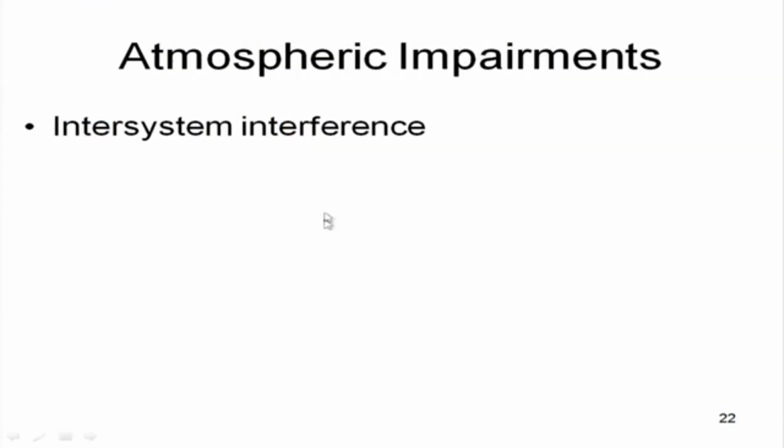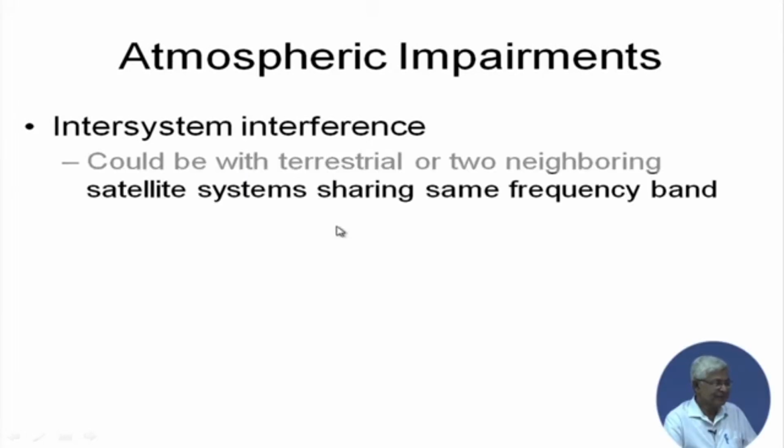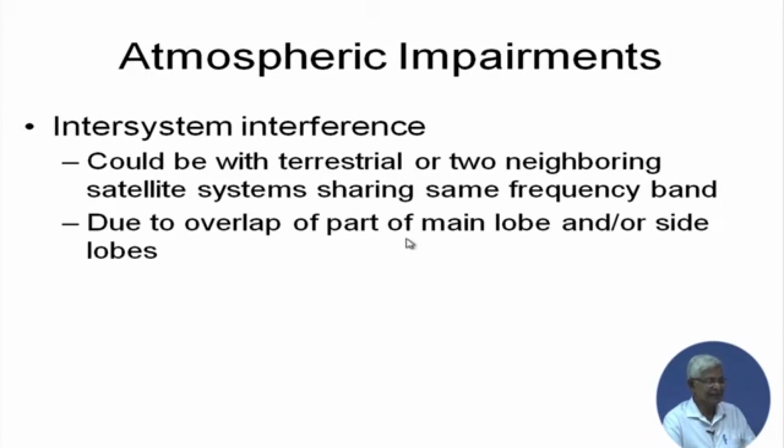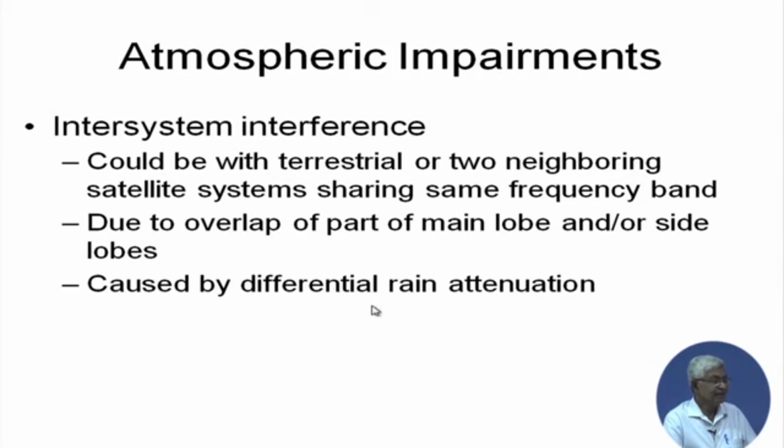Okay. So, there are other possibilities, such as intersystem interference. There could be a terrestrial or two neighboring satellite systems sharing the same frequency band. We have seen the C by I effect in the last period due to the overlap of part of the main lobe or the side lobes based on the antenna gain, and differential rain attenuation at the different signal path.